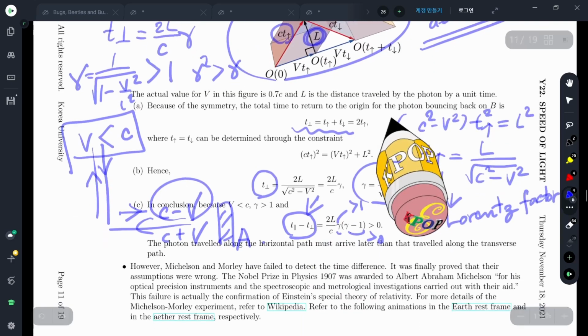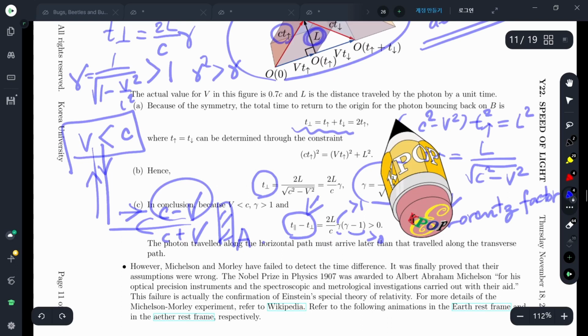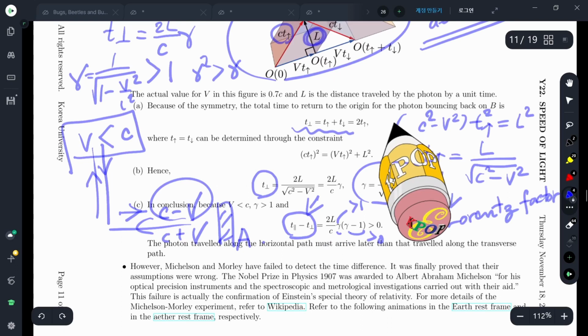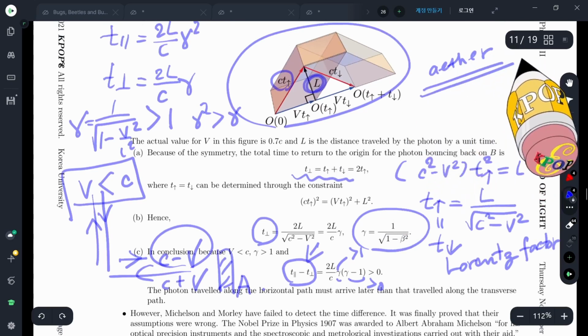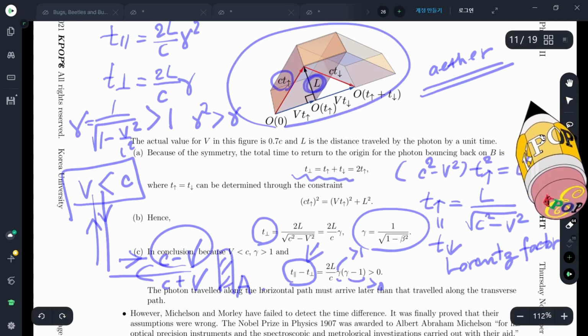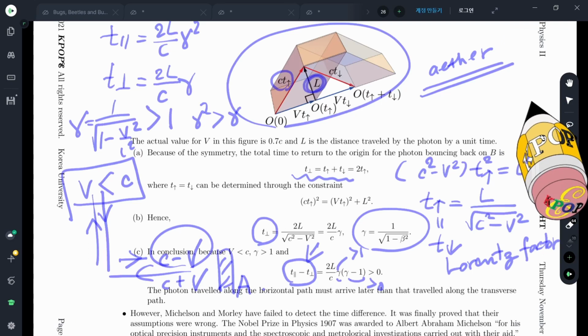So as a result, their experiment has a conclusion. Their assumption was that there is an absolute frame, either the assumed medium of electromagnetic wave, but actually there is no such kind of frame at all.